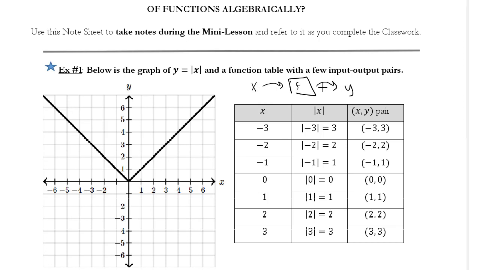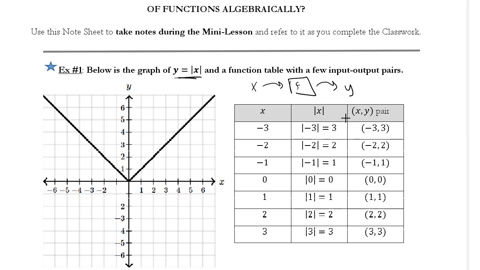And if you have enough of those, you can create something right here. Like we have a table of values here for the function y equals absolute value of x. And with the table of values, doing this input-output machine enough times, you can actually find points that are on the graph of y equals absolute value of x.